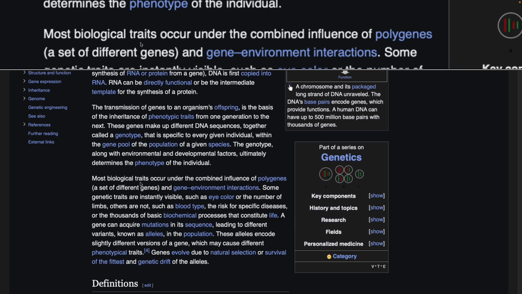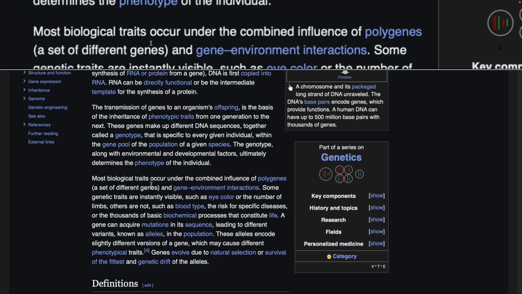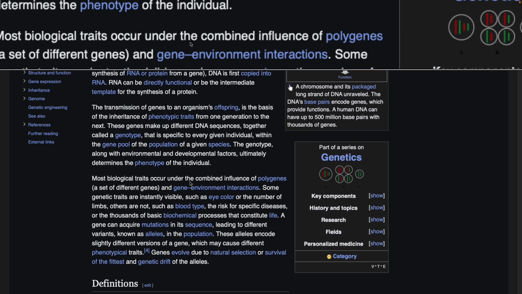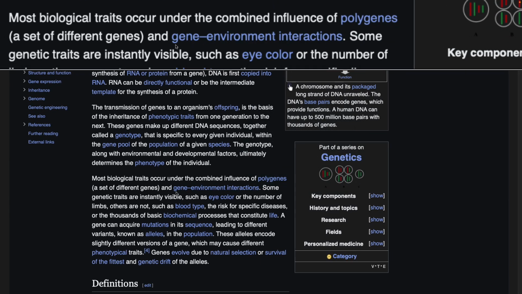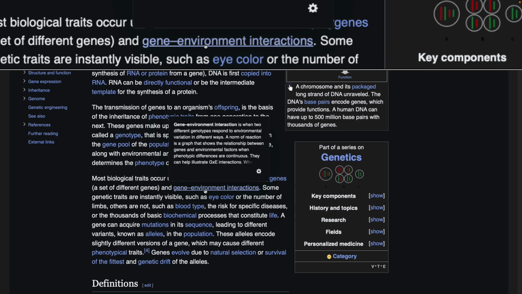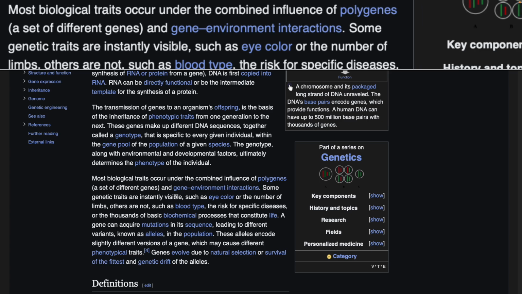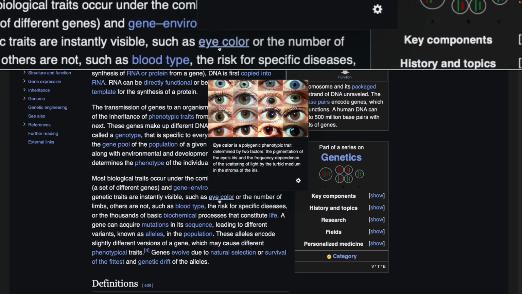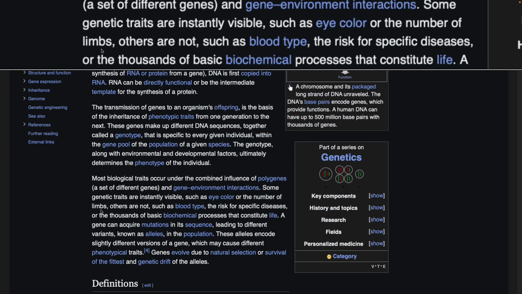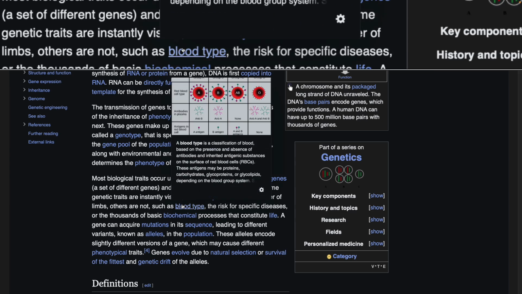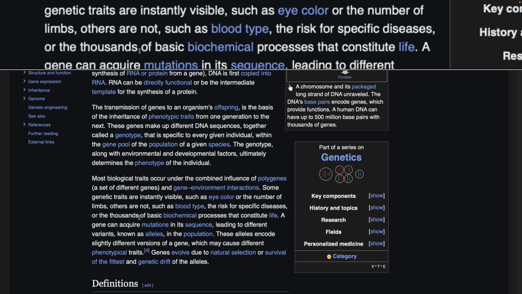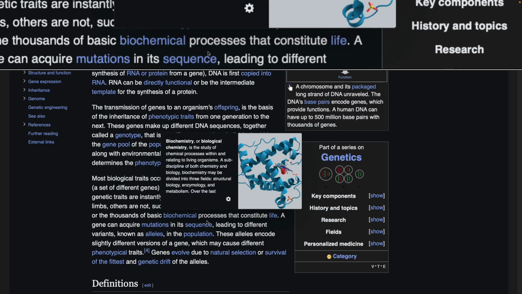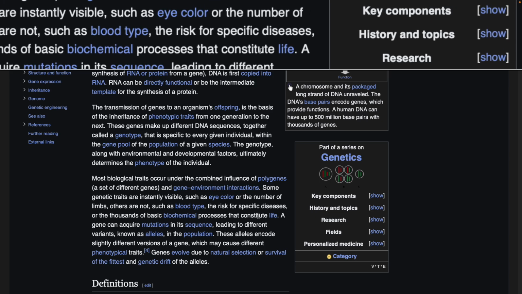Most biological traits occur under the combined influences of polygenes and gene-environment interactions. Some genetic traits are instantly visible, such as eye color or the number of limbs. Others are not, such as blood type, the risk for specific diseases, or thousands of basic biochemical processes that constitute life.